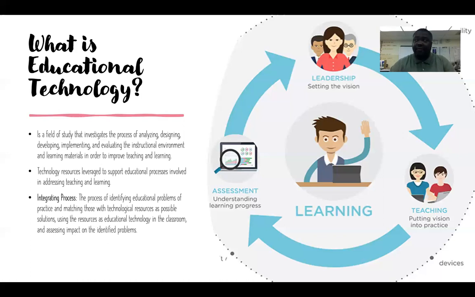Now that could be coming from your grades, from standardized testing, or your informal or formal assessments, or even authentic assessments that you have given your students, to assess their progress of learning. Then you have the assessment, the understanding of the progress, and then you're putting that into action.